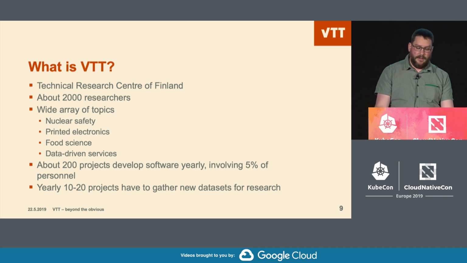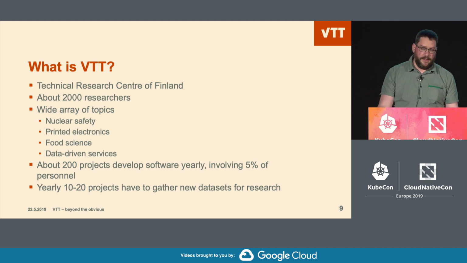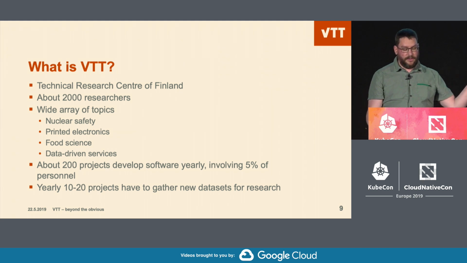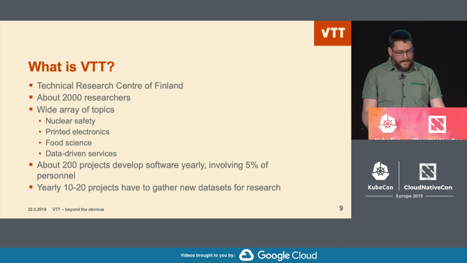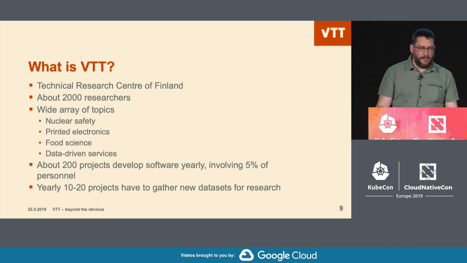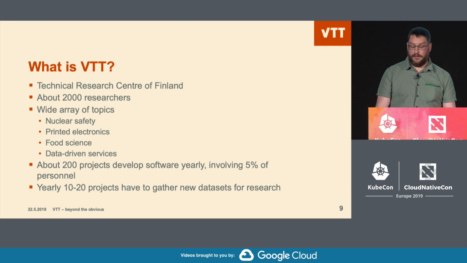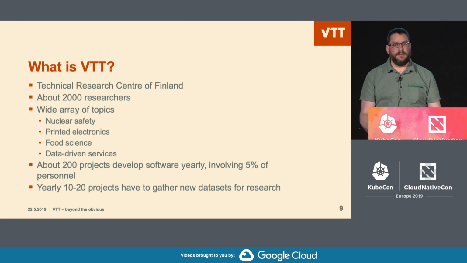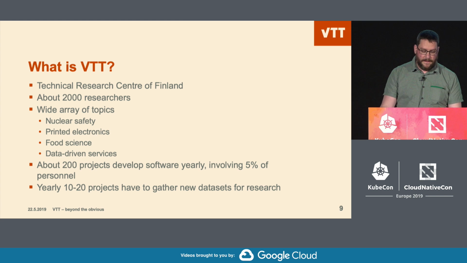We have researchers for nuclear safety, biological research, food science, and then the team that I'm working for belongs to this data-driven sciences part. We have about 2,000 researchers all around Finland, and out of these 2,000 people, around 200 are involved in some way or shape in software development.